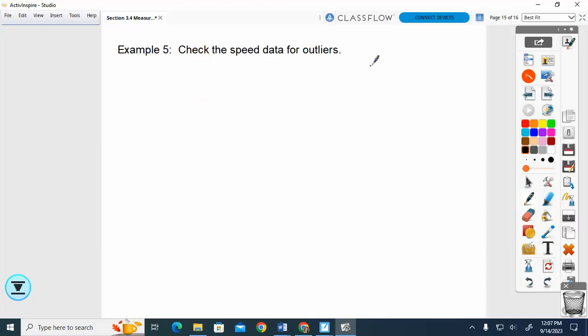Okay, so let's use the set with the 100 miles per hour. Okay, so in that, the lower fence, quartile 1. What was quartile 1 of that last set of data that we looked at?